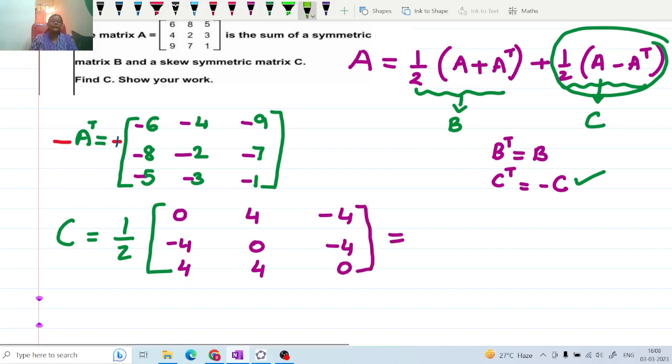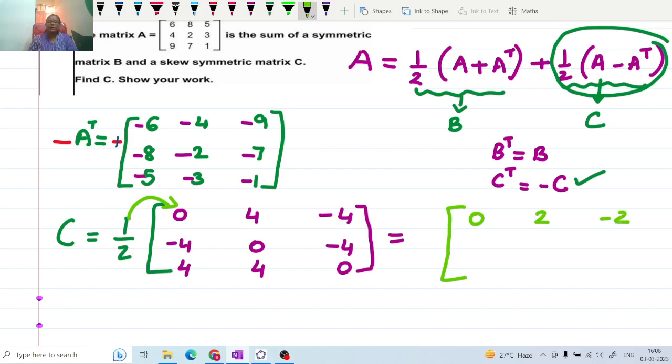And finally, you will have to rewrite it because you'll have to take the half inside. That is what the actual matrix is. Do not write any scalar quantity before it. Just take it inside. So this will be 0, 2, minus 2, minus 2, 0, minus 2, and 2, 2, 0.